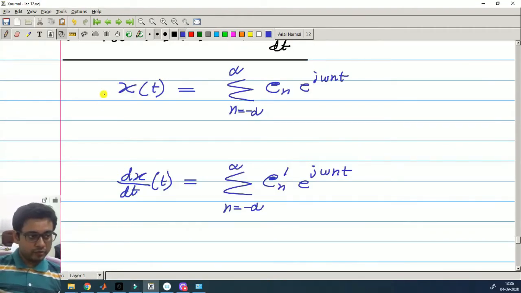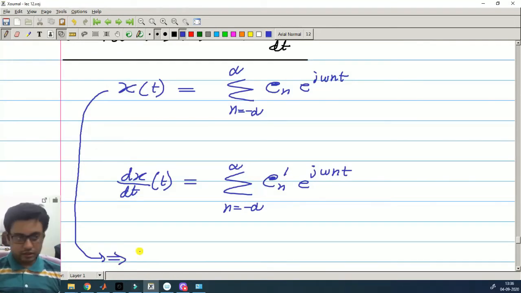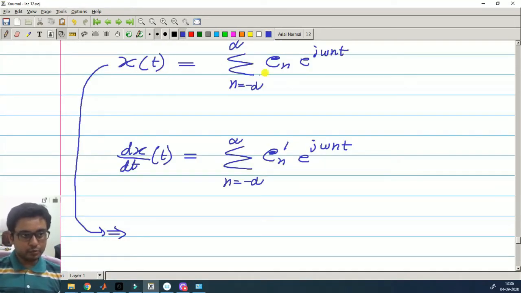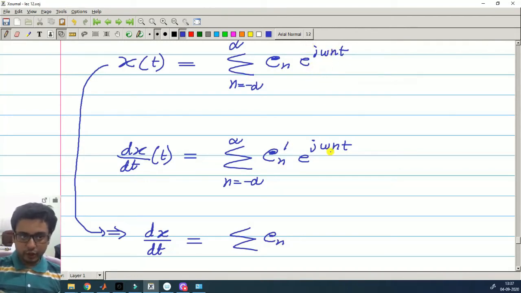Now from here, if you differentiate both the sides with respect to time, we will have dx/dt equal to the sum over Cn. Cn are constants, and the derivative of e to the power j omega n t is e to the power j omega n t multiplied with j omega n.